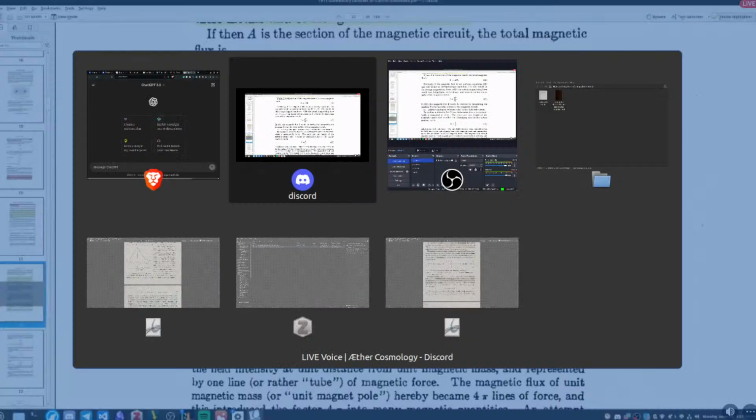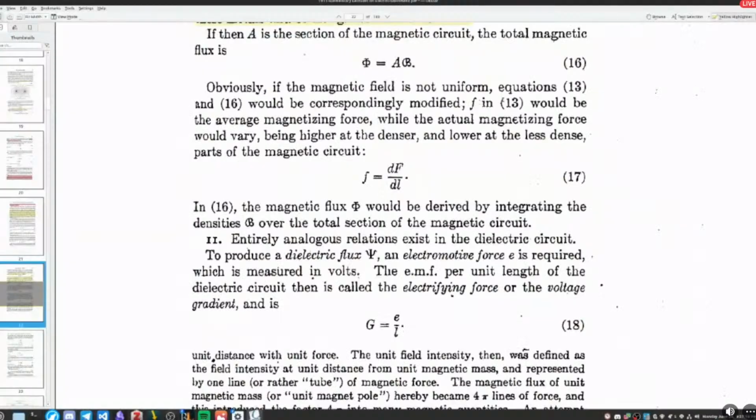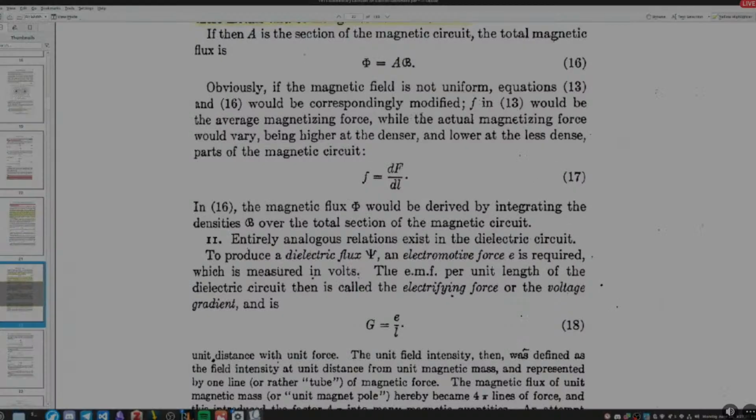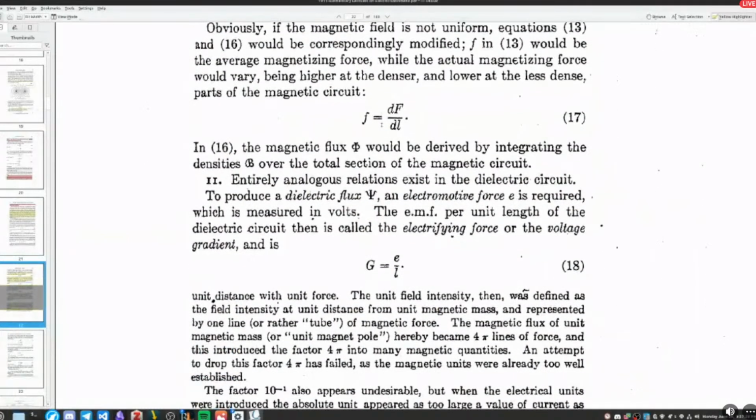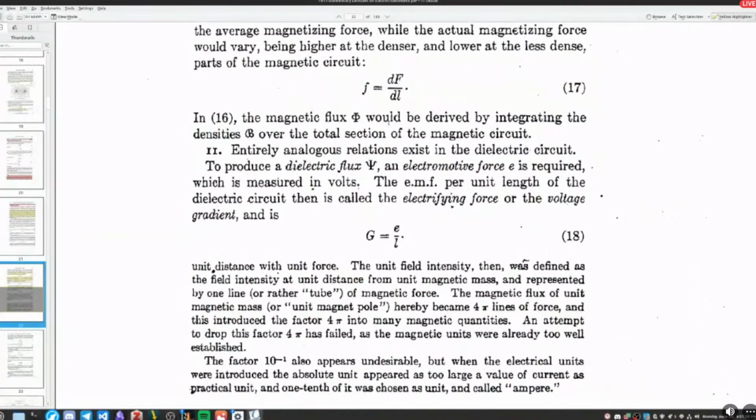F in 13 would be the average magnetizing force, while the actual magnetizing force would vary, being higher at the denser and lower at the less dense parts of the magnetic circuit. f equals dF over dL. In 16, the magnetic flux phi would be derived by integrating the densities B over the total section of the magnetic circuit.